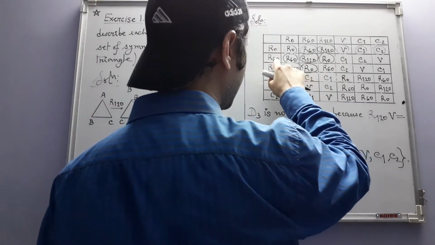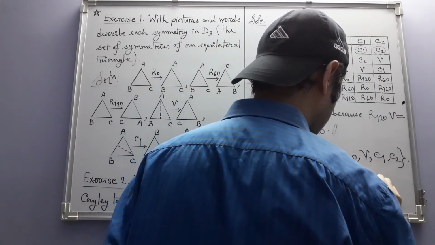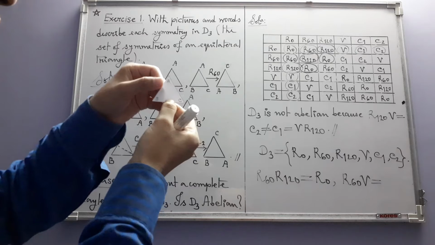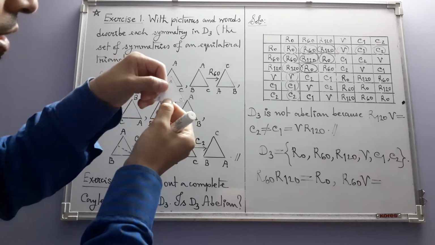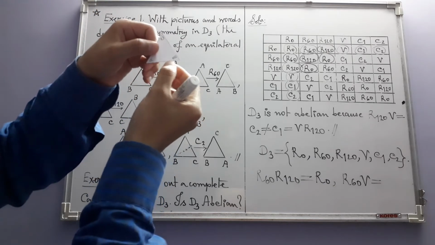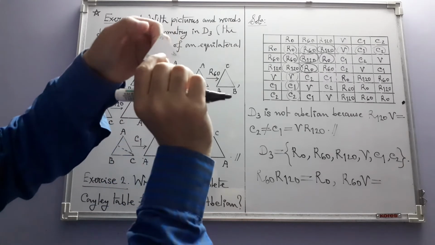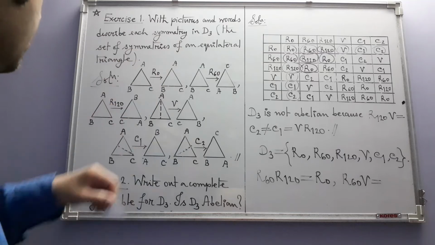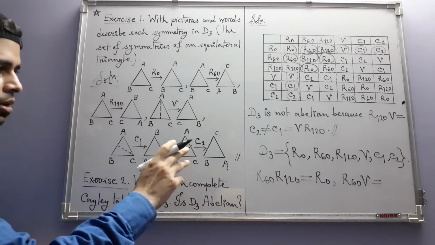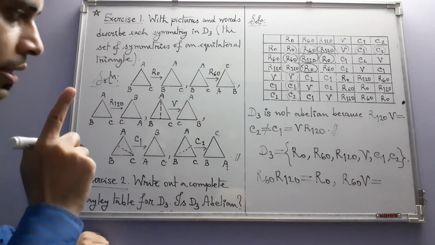Okay, then R60 V. What about this one? With the help of our cutout, we can see quickly. This is ABC. R60 is this. And then V is flipping the triangle about a vertical axis. So CBA. Oh, I think I made a mistake.